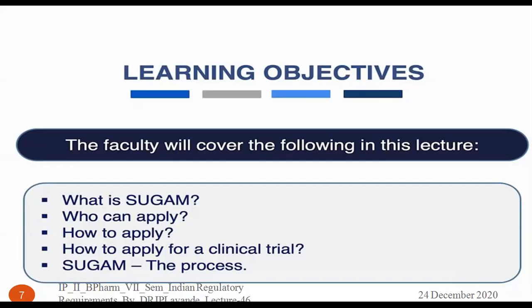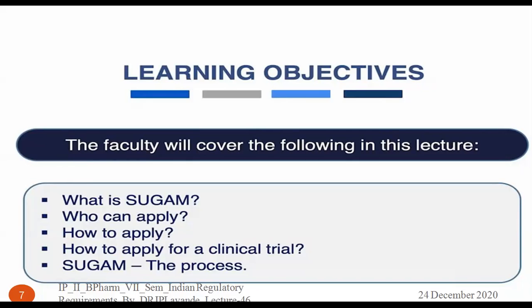That site is the CTRI site, the Clinical Trial Registry of India. In this Clinical Trial Registry of India, we have to make registration, a registry of all the clinical trials that we are going to carry out.